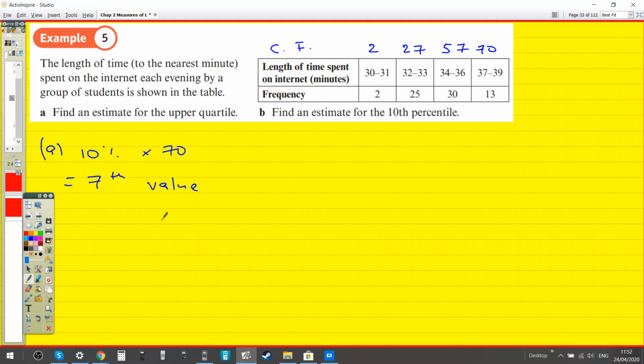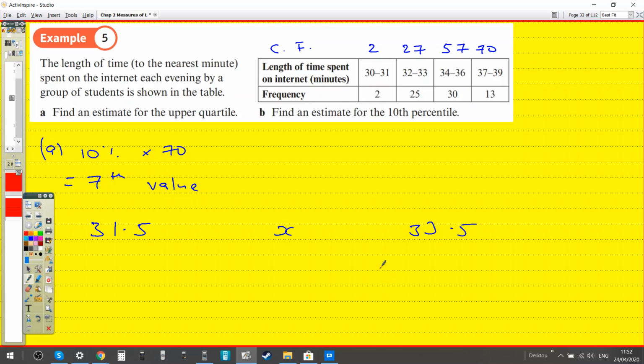Do I actually need to go along this to the 7th value? Where would the seventh value fall? 32 to 33? Yeah. And so that group, we had to extend to be that one. So we know the seventh value is somewhere in there, and this is the 10th percentile. I'll just call it X. 33.5.